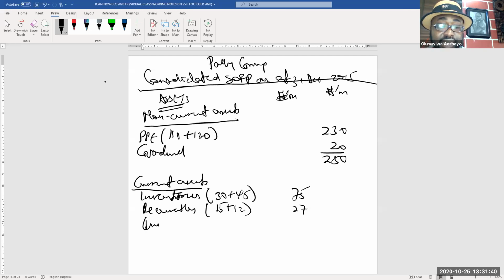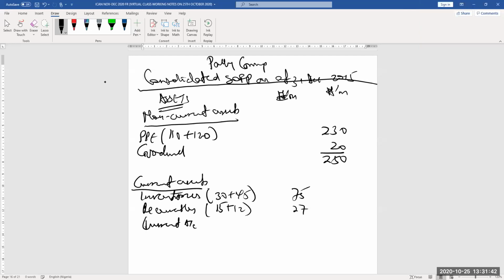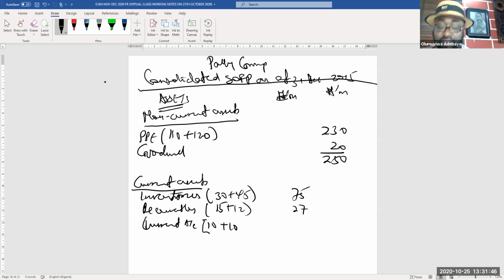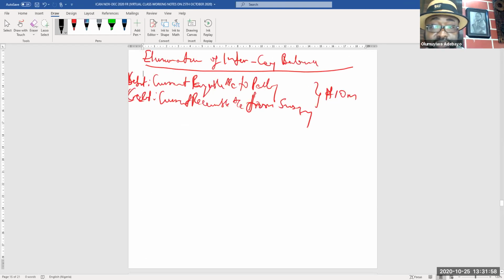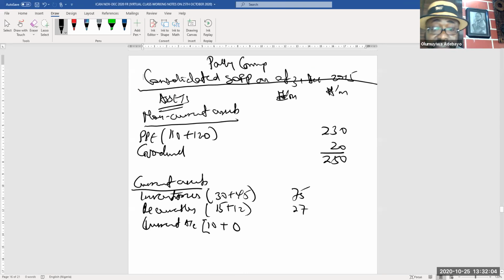I have my current accounts. I have 10 and 0. But remember, we said we should credit this current account by 10. Doing that means if you credit a debit account or an asset account, you are removing from it.